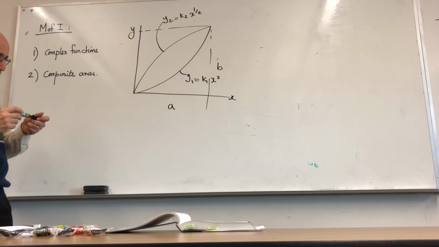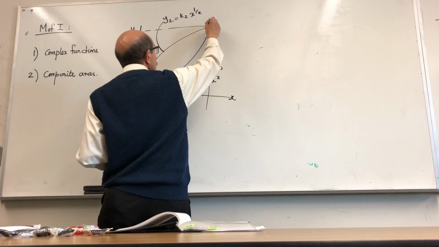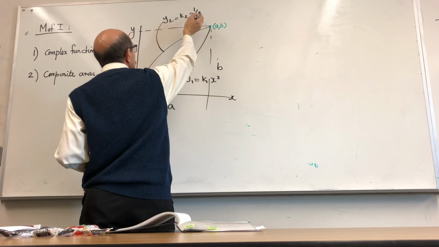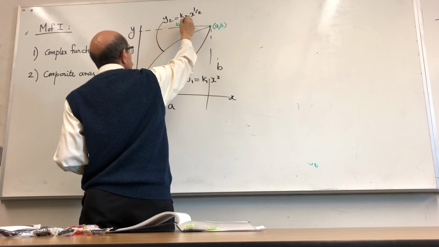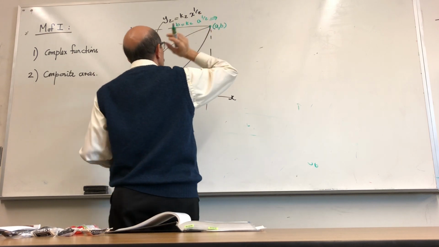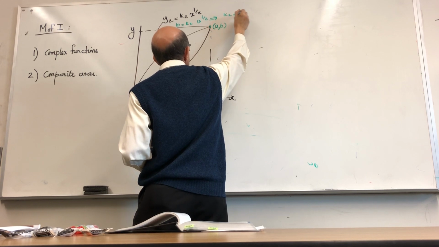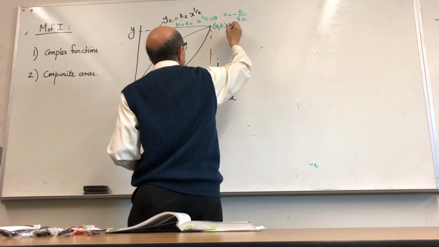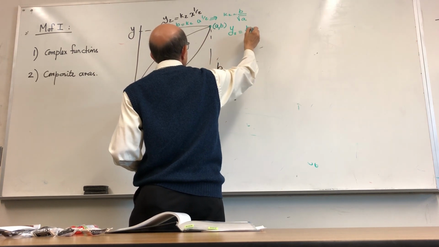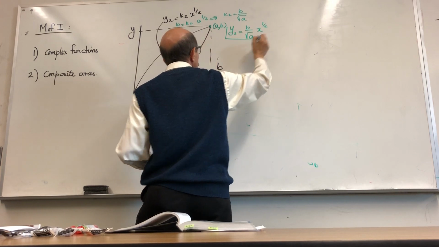First, let's find those constants given the coordinates of this point that is given, right, as A and B. So if I substitute that here, we have B is K2, A to the 1/2, so that will give me K2 is B over square root of A. So Y2 is simply B over square root of A X to the 1/2.